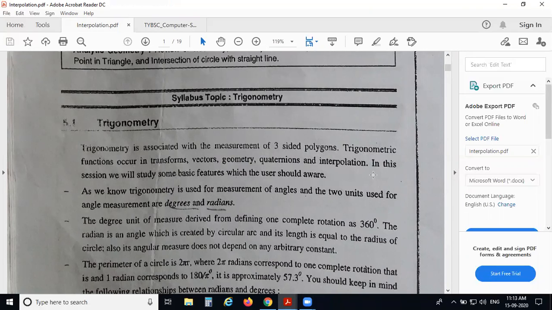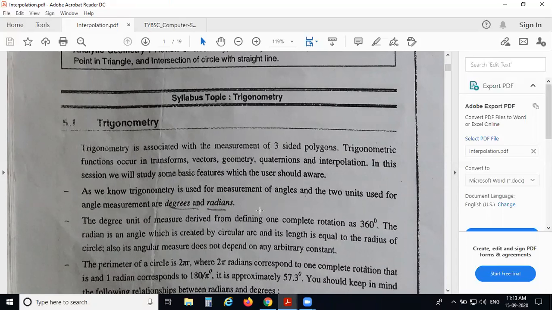In this session, we will study some basic features which the user should be aware of and that are used in game programming, which is used to create applications. Trigonometry is used for measurement of angles, and the two units used for angle measurement are degrees and radians.